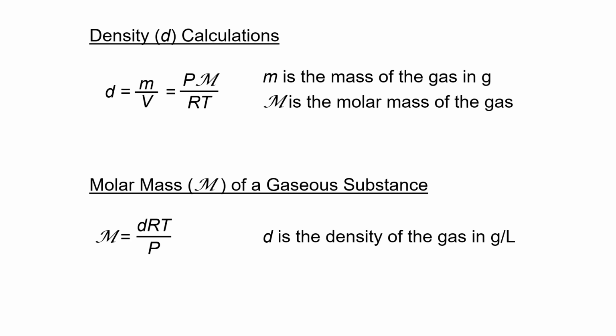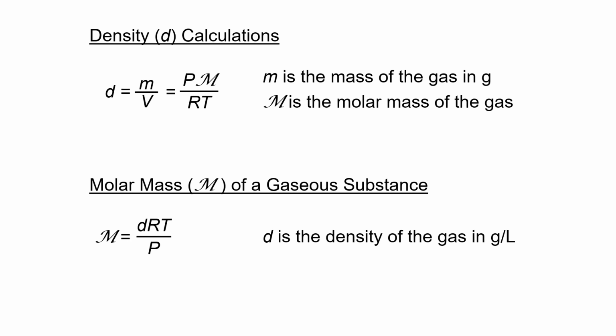And we can also utilize density and molar mass in a derivative of the ideal gas equation. Lowercase m here is the mass of a gas in grams, and capital M is the molar mass. So if we have mass and molar mass, we can determine moles. But density then equals P times the molar mass over RT.